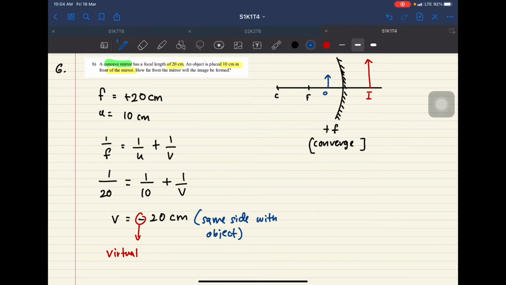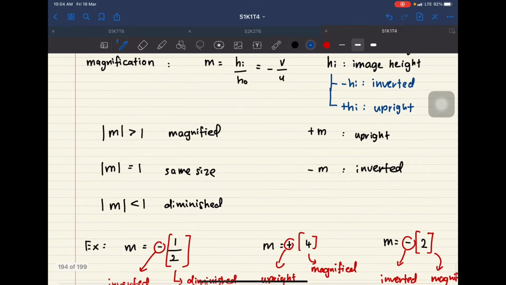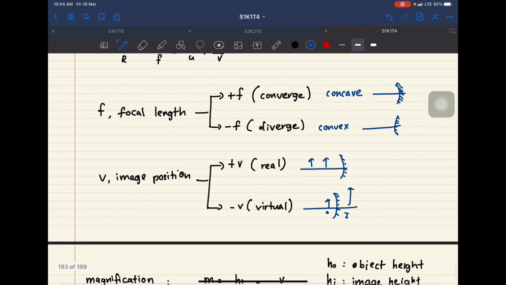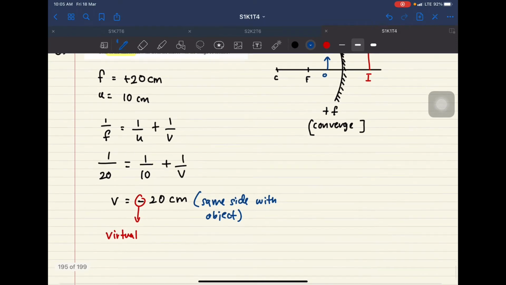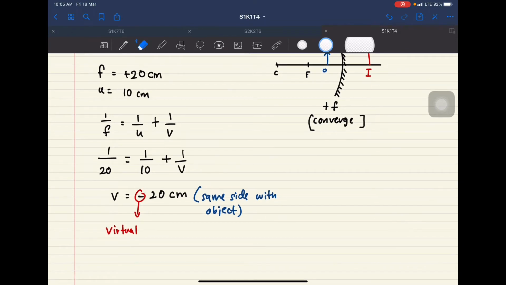Okay, and then maybe I can add my notes over here. If it is real, the image is on the same side. If it is virtual, opposite side. Can mix it up.